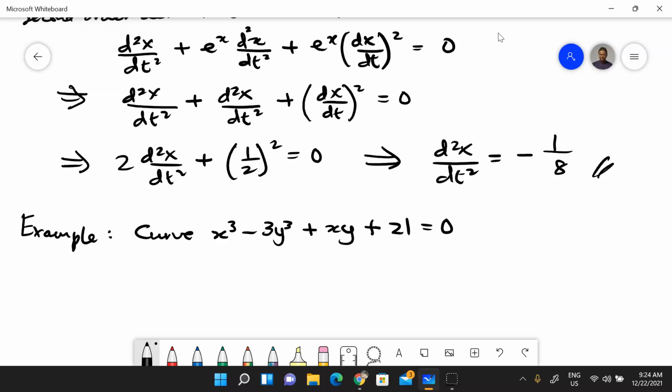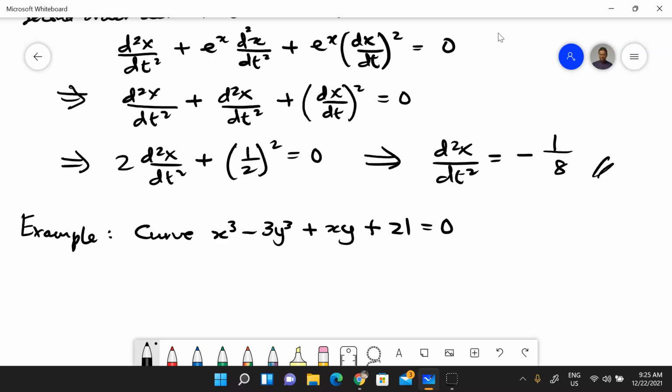So this is a curve. Essentially it's a cubic curve, but you are not able to express in a clear fashion how x is a function of y or y is a function of x, because they get mingled up in this single equation here.